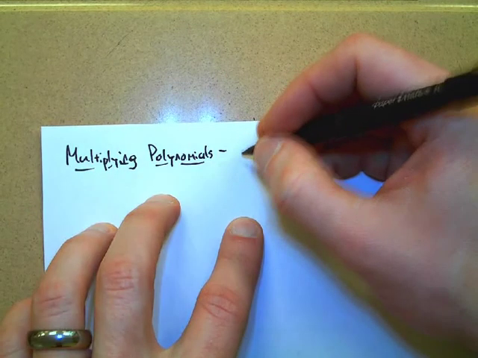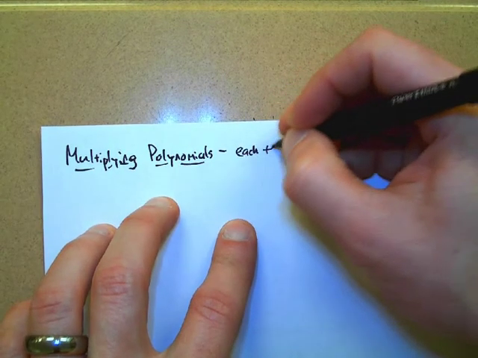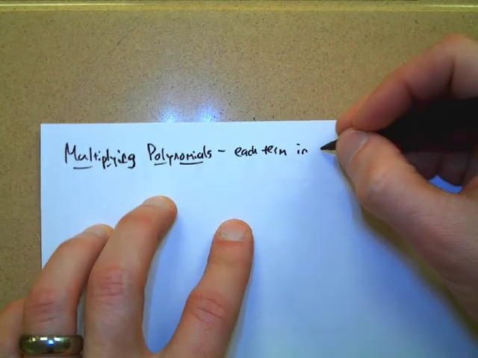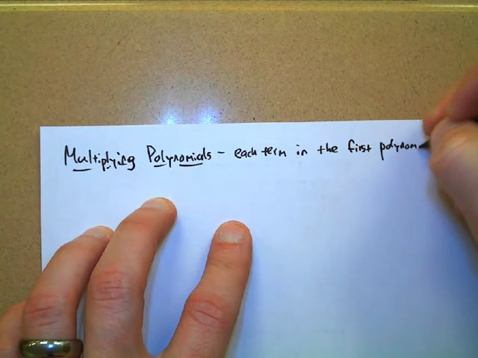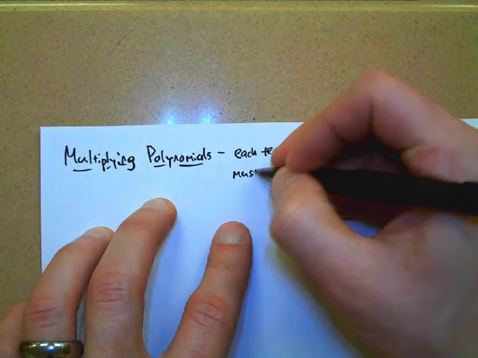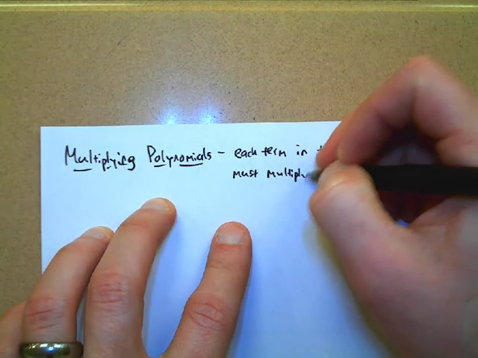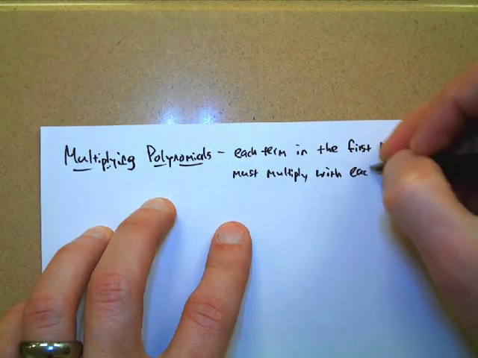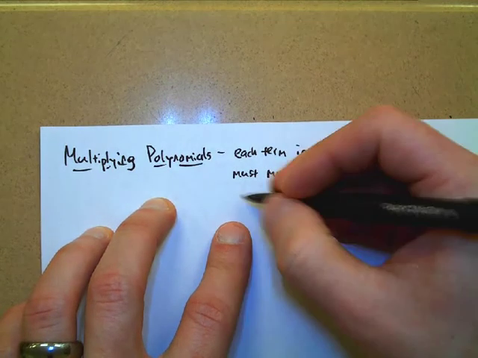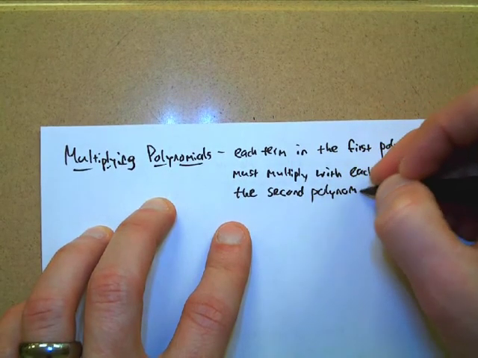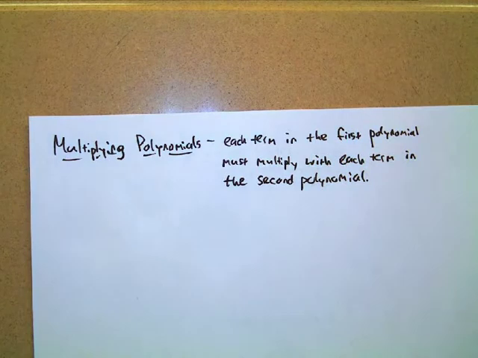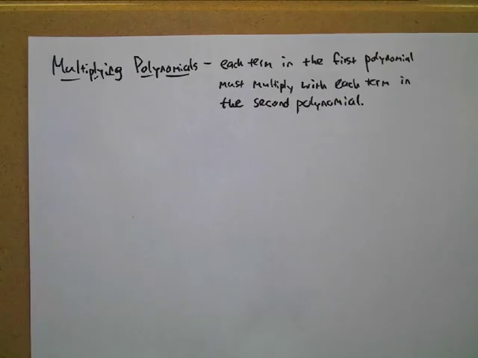So each term in the first polynomial must multiply with each term in the second polynomial. If you are multiplying more than one polynomial together, like 3 polynomials, do 2 at a time, right? Do the first 2, get that answer, take your answer, and multiply with the third one.